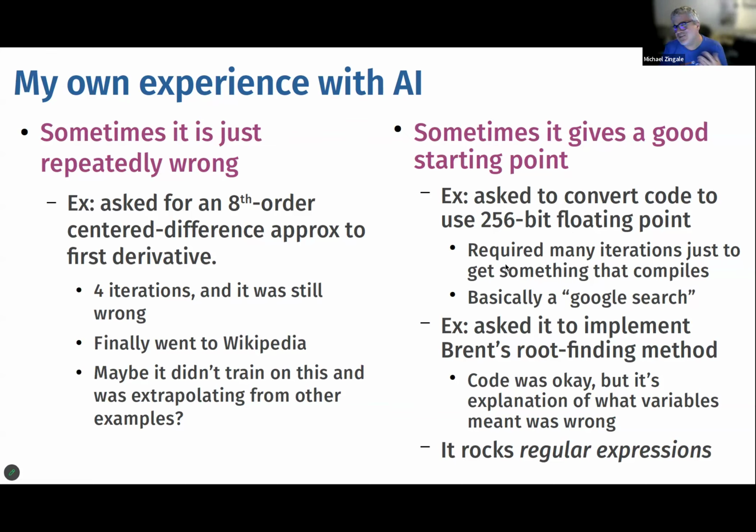In the end, it still didn't get something that completely worked, but it gave me enough information about how you might approach this that I could do it on my own. And so in that sense, it kind of worked as a Google search. I could have just Googled how Boost multiprecision works and done it on my own, but this was more interactive. And again, this took half a day to get something that almost worked.